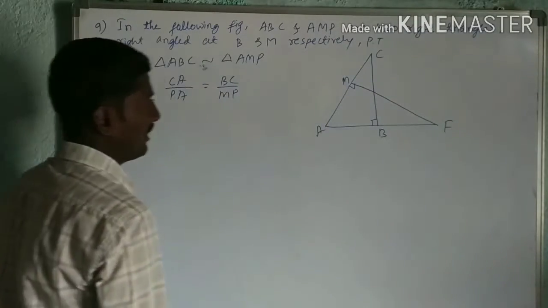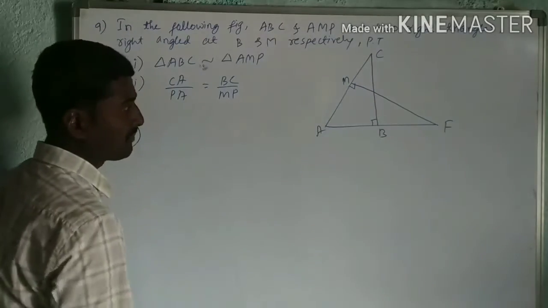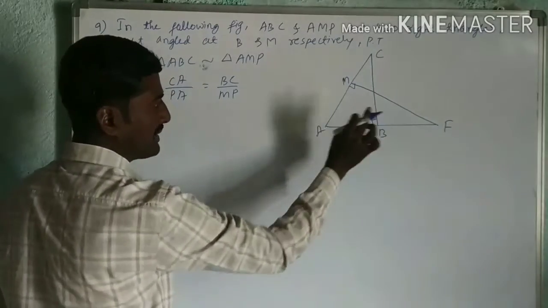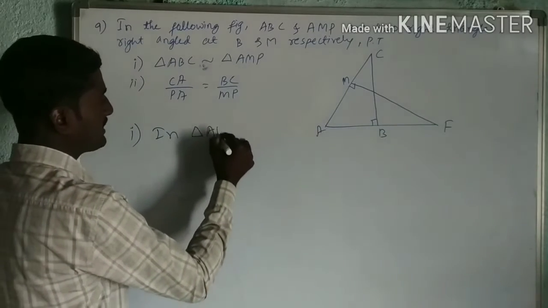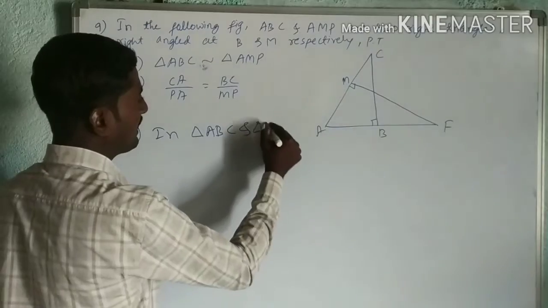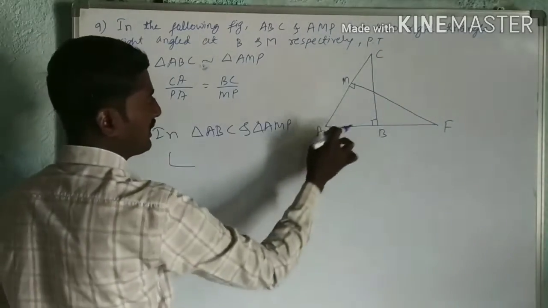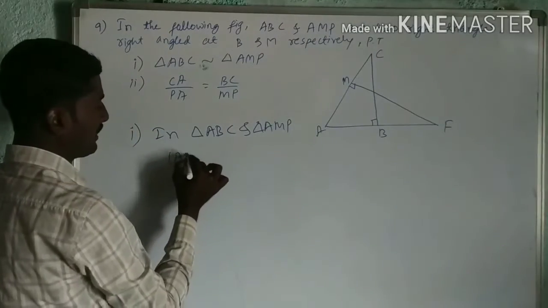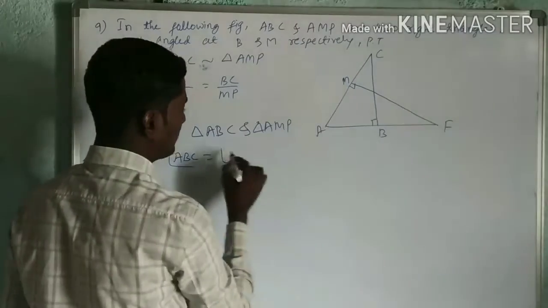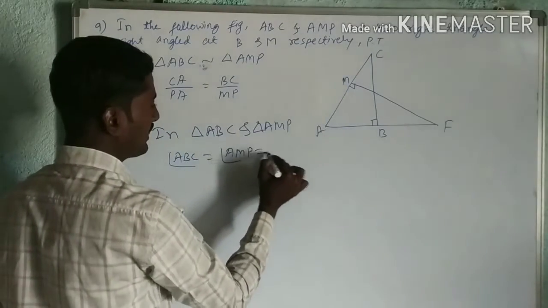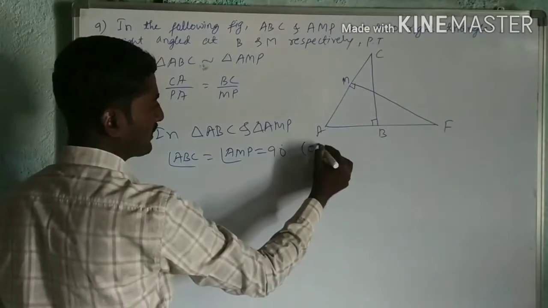In this triangle AMP, angle M is 90 degrees. In ABC, angle B is 90 degrees. So in these two triangles, angle ABC is equal to angle AMP, which is 90 degrees, because it is given.